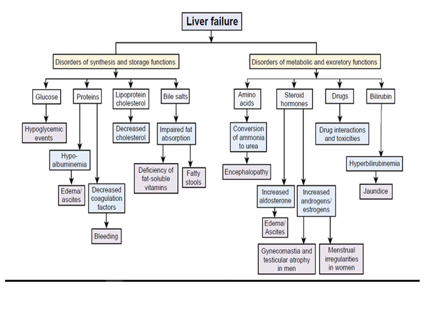Drug interaction and drug intoxication will occur because the detoxification capacity of the liver will be lost. Bilirubin synthesis will be affected, so the patient presents with hyperbilirubinemia and jaundice.